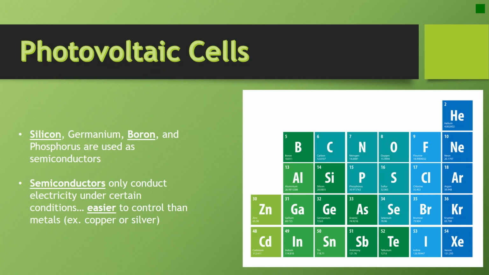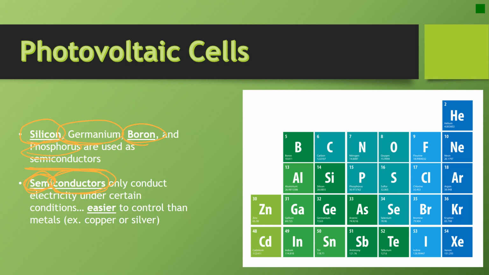All right, so what is a photovoltaic cell? We're going down to the very little pieces within a solar panel, and what are they actually made out of? What they're all made out of are silicon, germanium, boron, and phosphorus. These are your 4 semiconductors. A semiconductor can conduct electricity, but only partially.